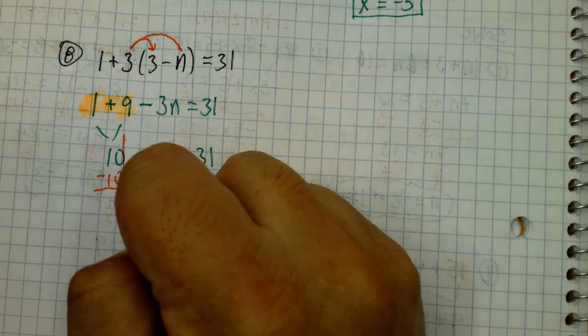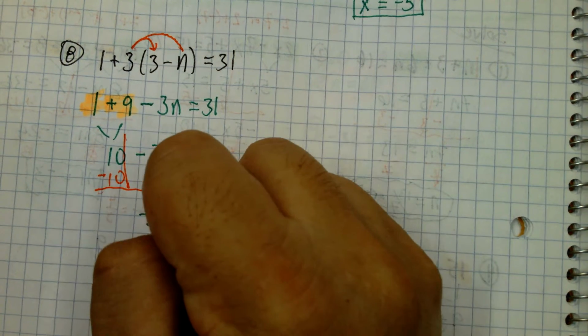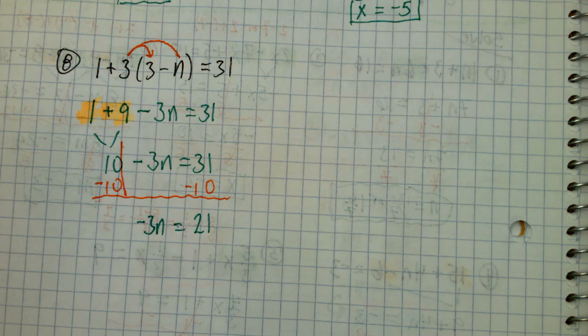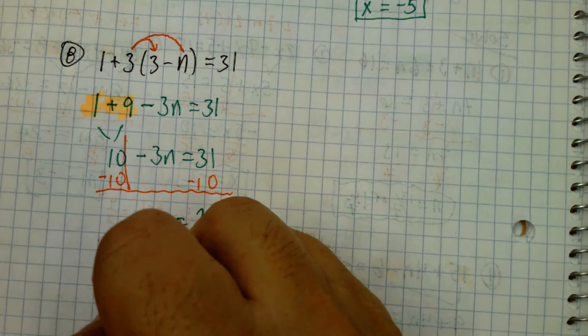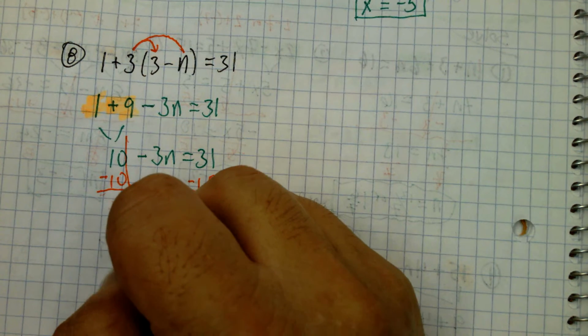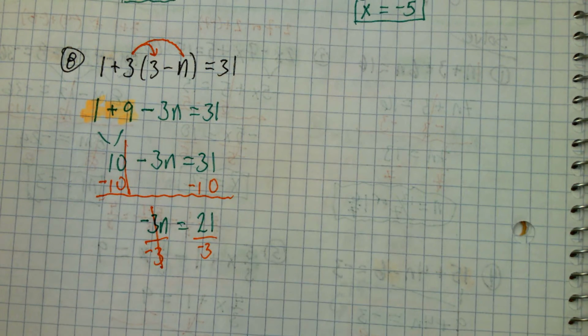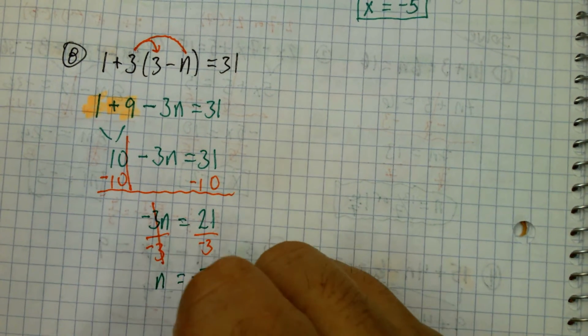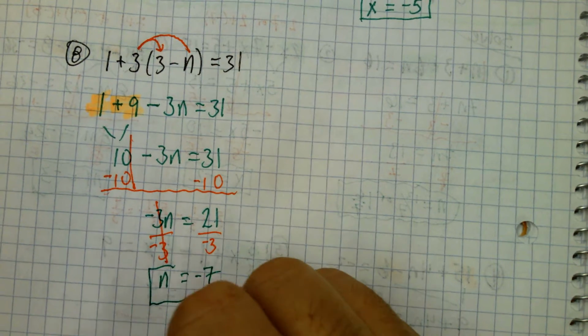Don't forget it. And then this is 21. 31 take away 10. Okay, let's divide away now. Negative 3. Okay. Again, n equals negative 7.